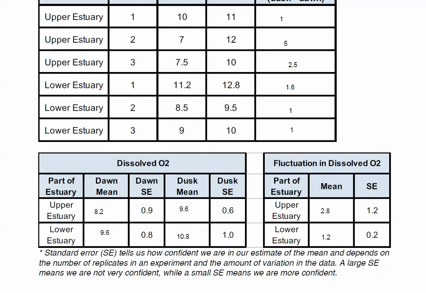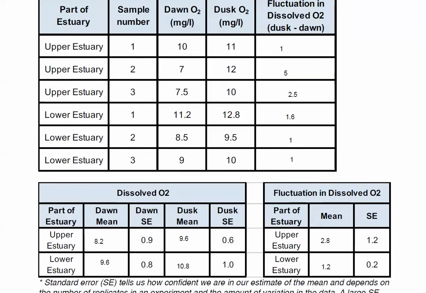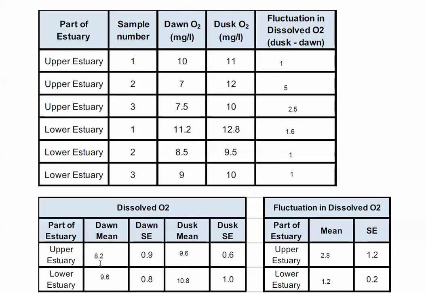Then you took a mean for dissolved oxygen at dawn and at dusk based on these numbers in the chart. So for the upper estuary, to get this dawn mean of 8.2, you would just take the average of these three numbers. For the lower estuary, to get this dawn mean of 9.6, you would take the average of these three numbers.